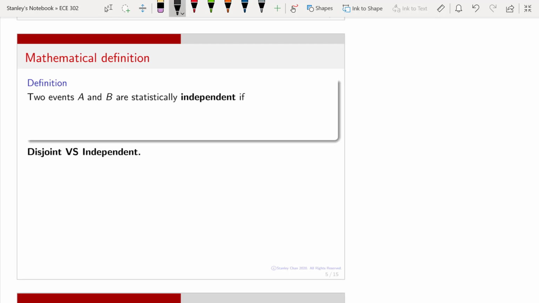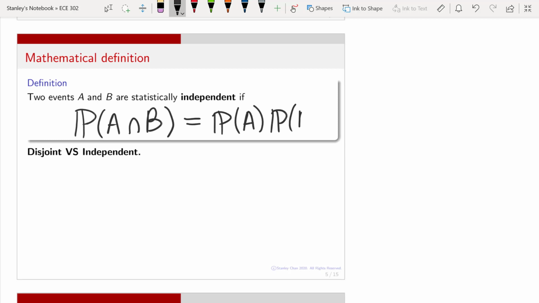We say that two events, A and B, are statistically independent when the following definition applies. Here you have events A and B, and you're considering the intersection of A and B. If the probability of this intersection gives you the product of the probability of A times the probability of B, then we say that the two events are independent.